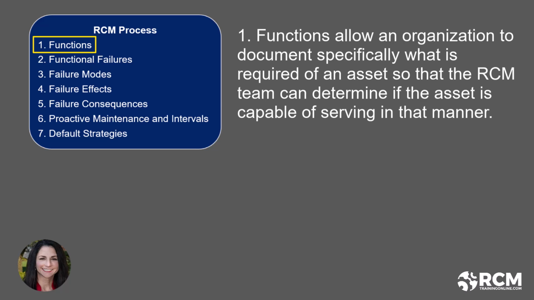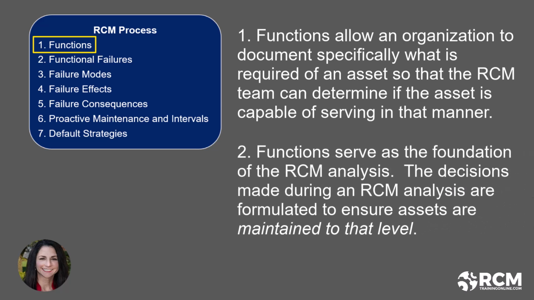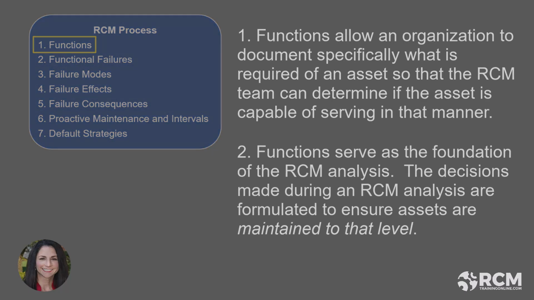Number one, functions allow an organization to document specifically what's required of an asset so that the RCM team can determine if the asset is capable of serving in that manner. And number two, functions serve as the foundation of the RCM analysis. The decisions made during an RCM analysis are formulated to ensure assets are maintained to that level.